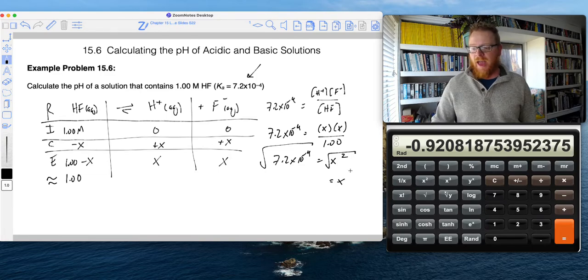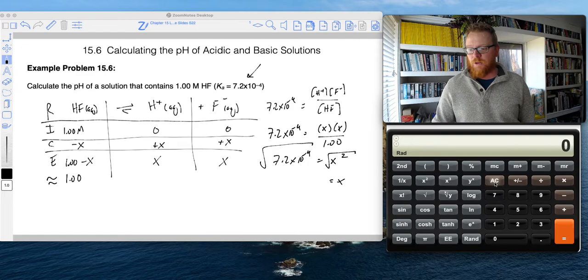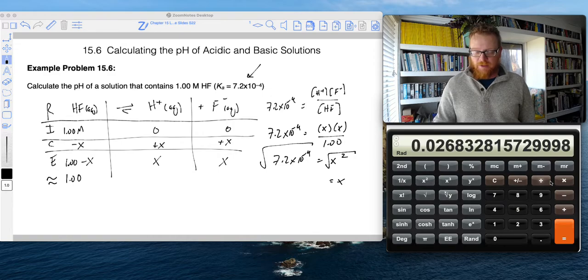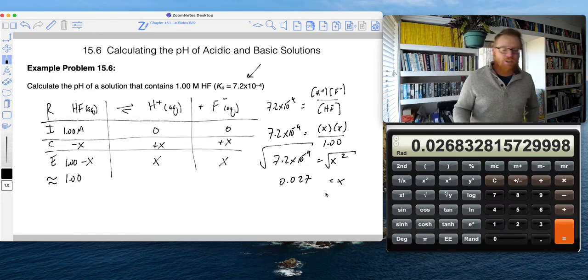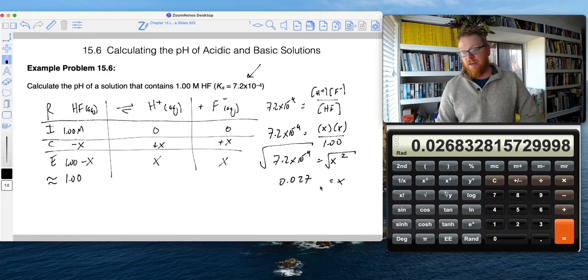When I do that, I get the following. So we'll say 7.2 times 10 to the minus 4. I like to push the equals just so I know I get the number in there. And then I'm just going to push the square root button. And lovely, with 2 significant digits, I get 0.027. And now we have to ask ourselves, what does that 0.027 mean?